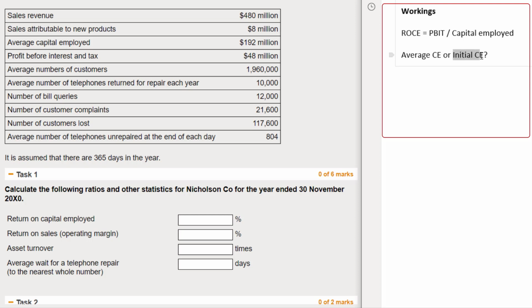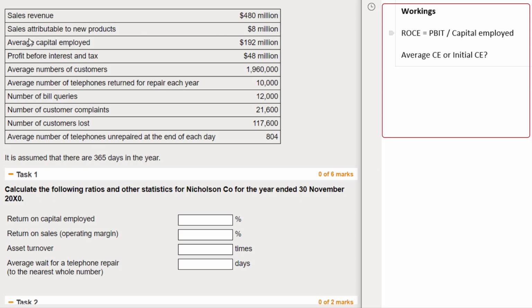The initial capital employed, if you used that, it would tell you the amount of money that was in the business at the start of the year, how efficiently was that turned into profit. If you use the average capital employed, that tells you the on average of the funds that were tied up in the business across the whole year, how efficiently were those converted into profit? Both of these are useful measures.